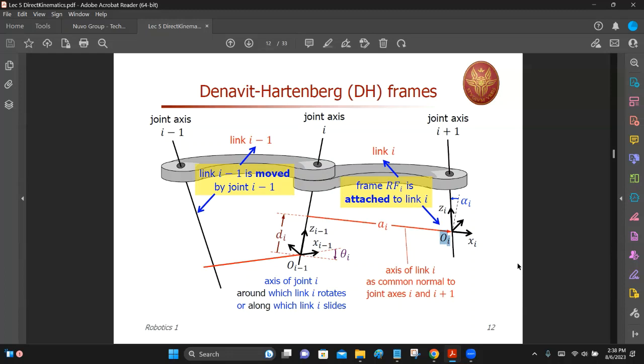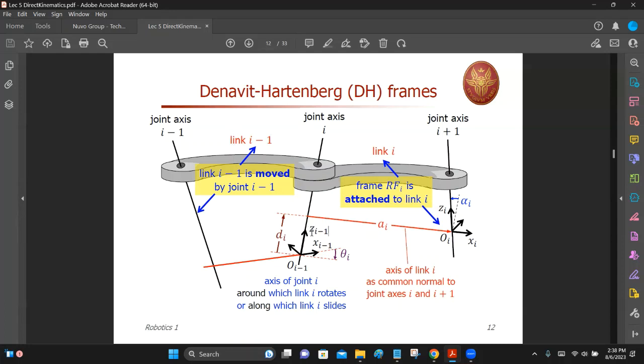Now, let us put the axis, the joint axis, say axis I, along that direction. It is z I minus 1. This is very interesting, right? These are things people get confused very often. This is z I minus 1.